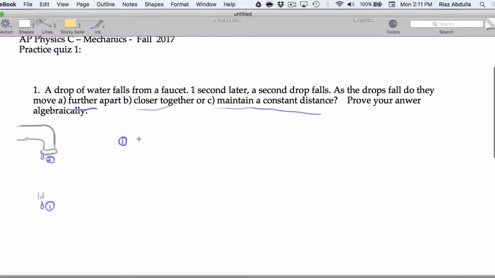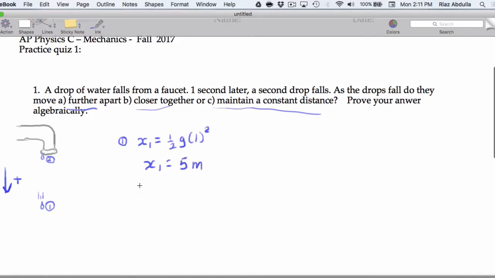Okay, so x of drop 1 at 1 second is going to be 1/2 g times 1 squared. We're going to treat downwards as positive. So x of the first drop after 1 second is going to be basically 5 meters below the faucet.